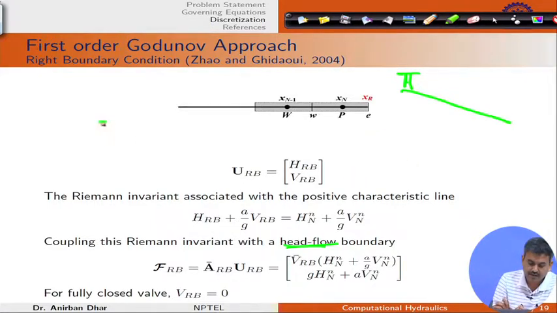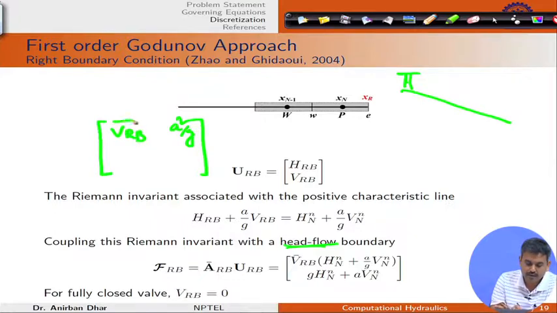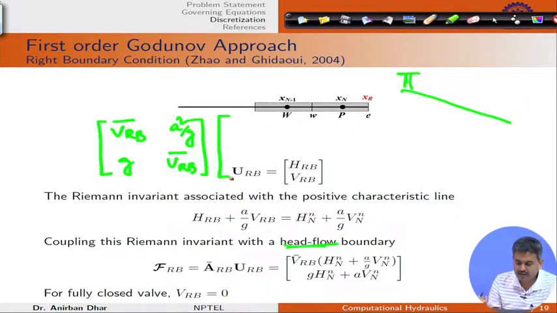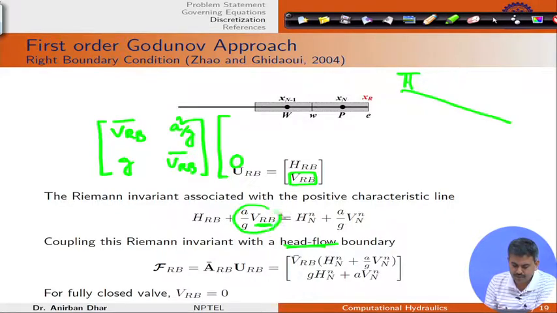So, in this case the matrix will be our A square by G, this is a constant term, we will have VRB, this is VRB, this quantity is G. Now, on the right hand boundary we know that VRB, due to closure of the valve, has a 0 value. If I put this 0 value here, obviously HRB on this side will be H n plus A by G, this V n.